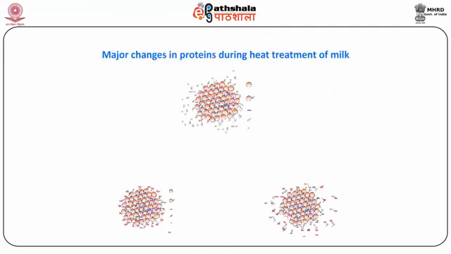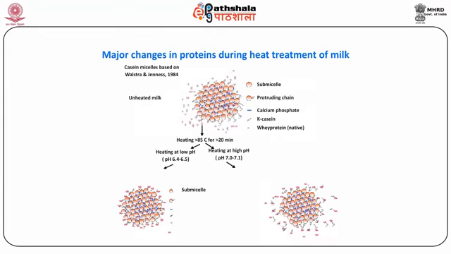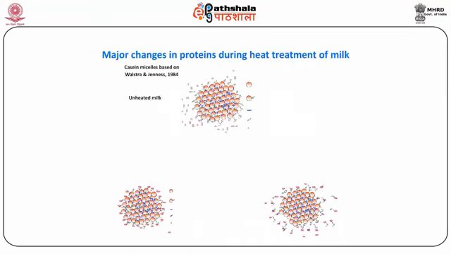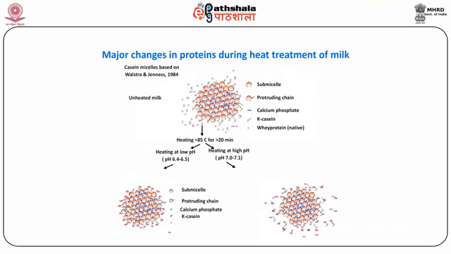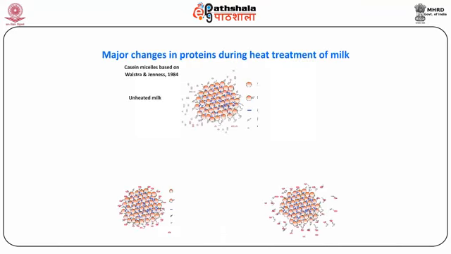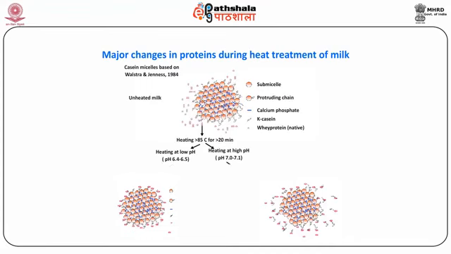Accompanying figure shows us major changes in protein during heating. We can see that unheated casein micelles has got calcium phosphate within it.